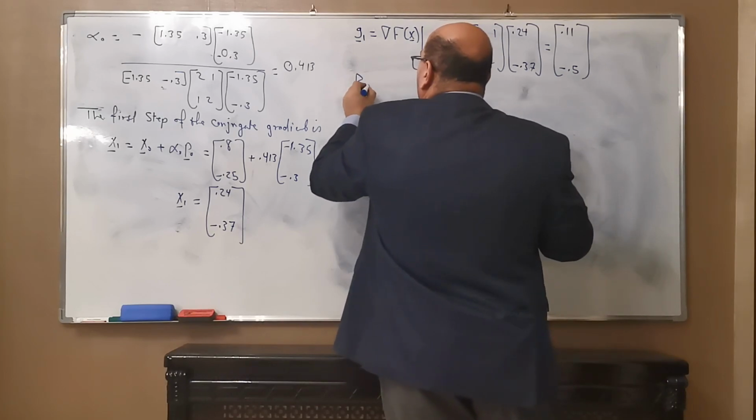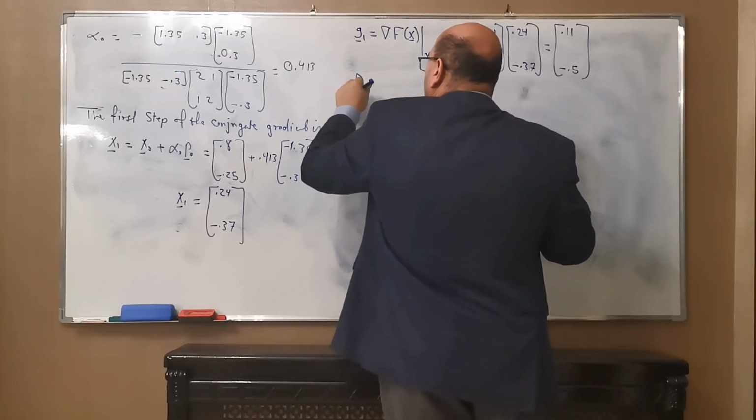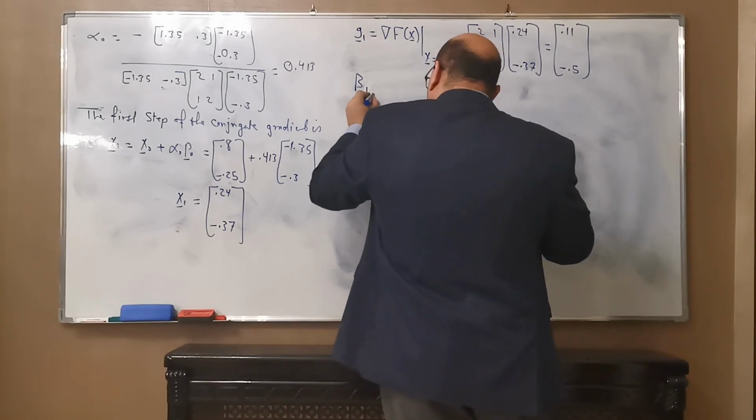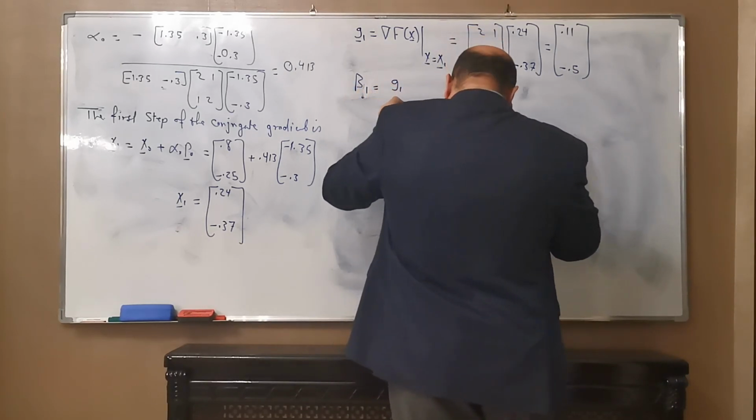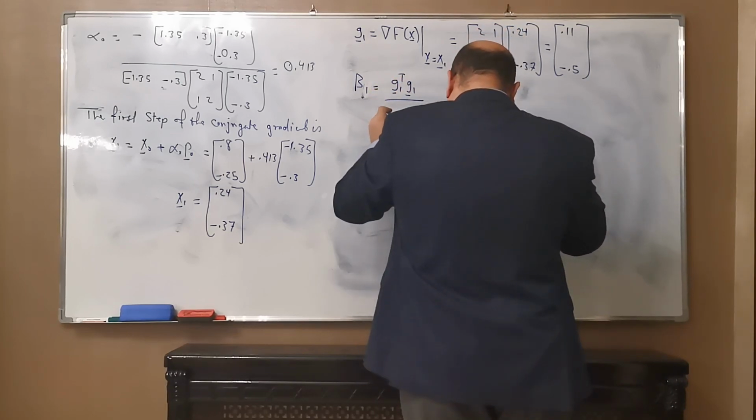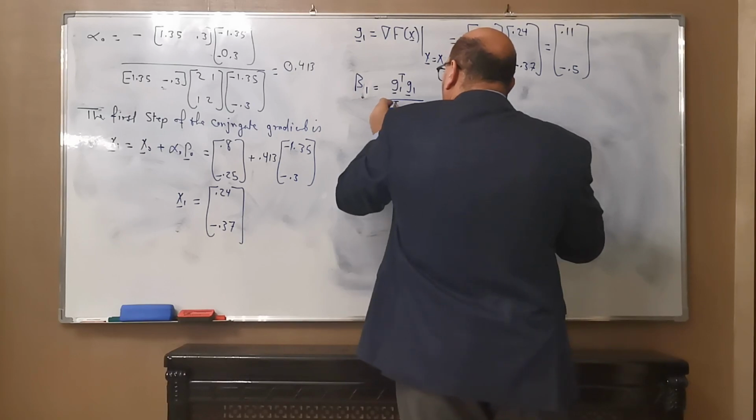So beta 1, it's not beta 0 anymore, is equal to g1 transpose g1 over g0 transpose g0.